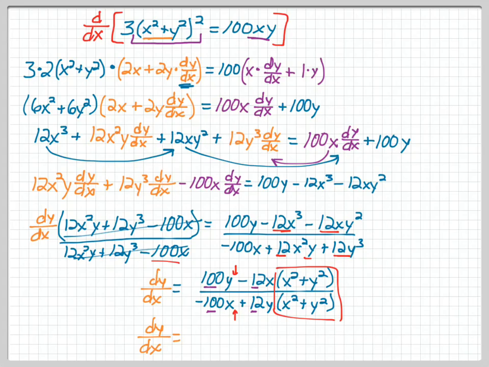So we can factor out a 4, and if we factor out 4 from everything, it will cancel and simplify down, and we're left with (25y minus 3x) times (x squared plus y squared) over (negative 25x plus 3y) times (x squared plus y squared). And that is our final answer for this equation.